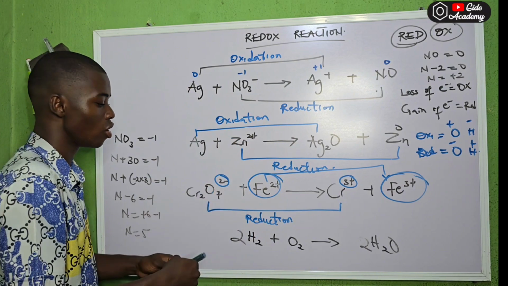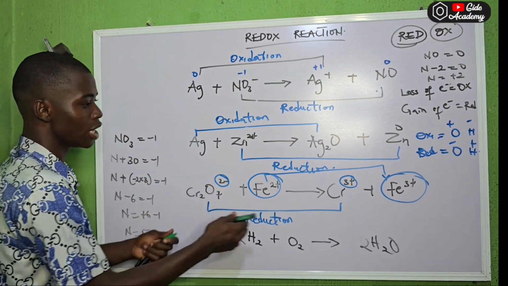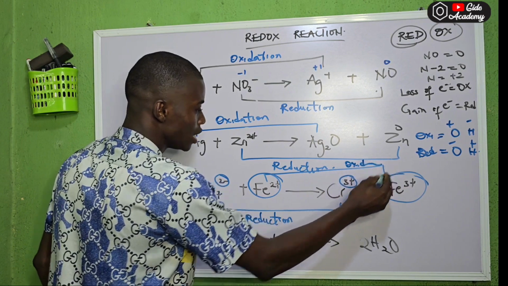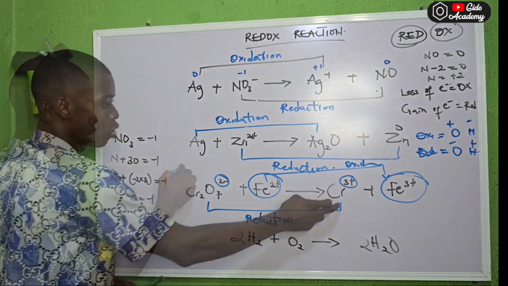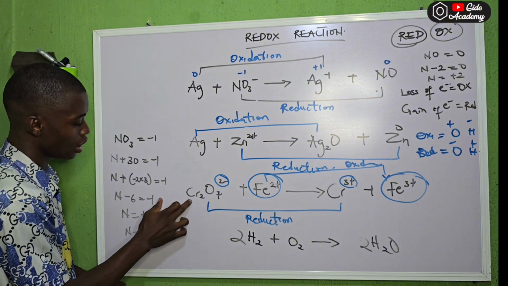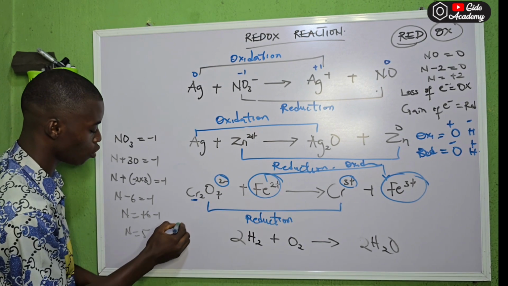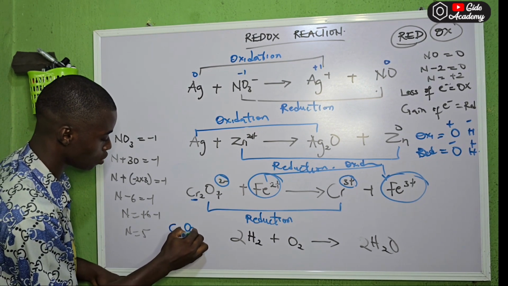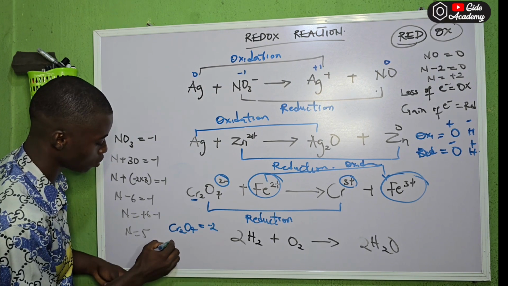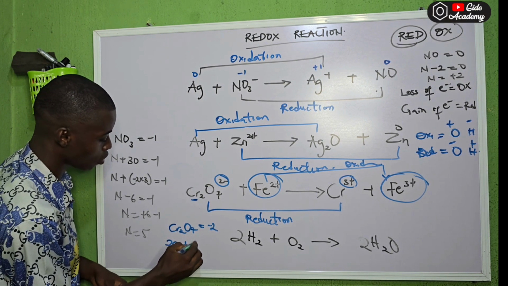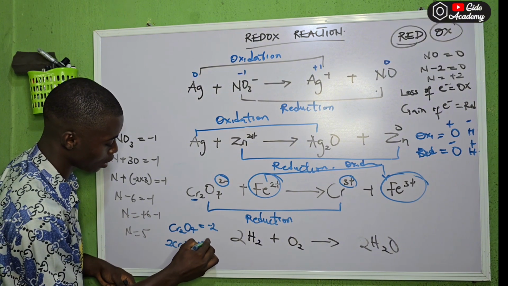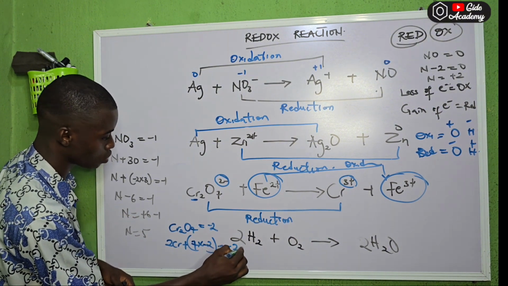Loss of electron explains oxidation. Why in this place here will be oxidation? Why in this place again? Let's use the charge to explain. Chromium here is 3. Let's check chromium here. Let's solve the oxidation number of chromium. So we have Cr2O7 is equal to what? Minus 2. That's 2Cr plus 7 times minus 2 is equal to minus 2.